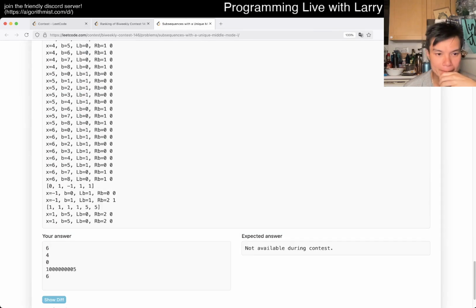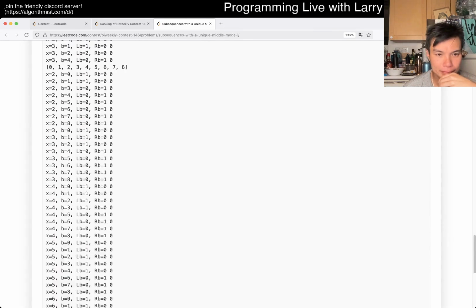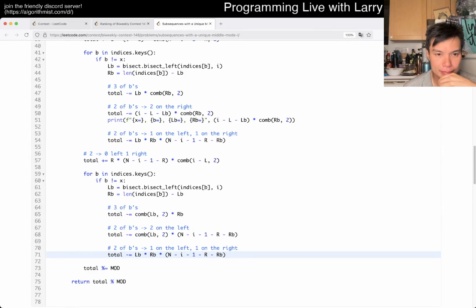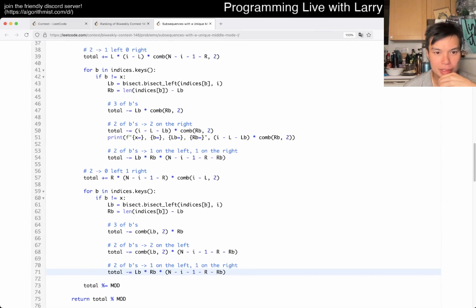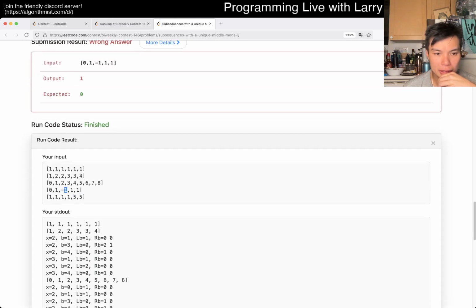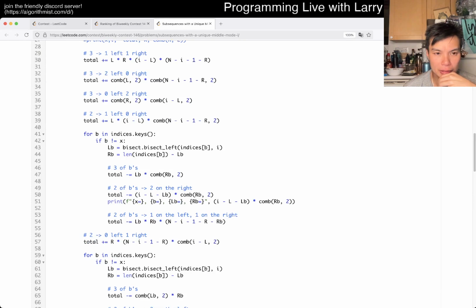Okay. I mean, this is the only place we subtract, so -1 is the one in the middle.